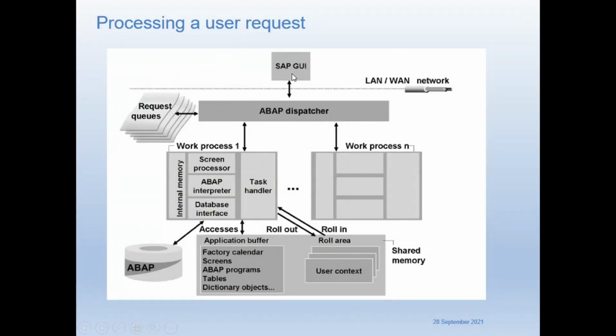Once you get any issue from any of the systems, the request will be sent to the ABAP dispatcher, and the ABAP dispatcher will keep all the requests in the dispatcher queue. So the dispatcher has a queue, and some memory will be assigned from the RAM.